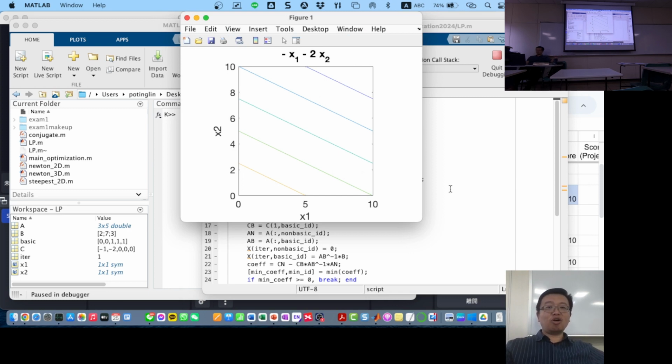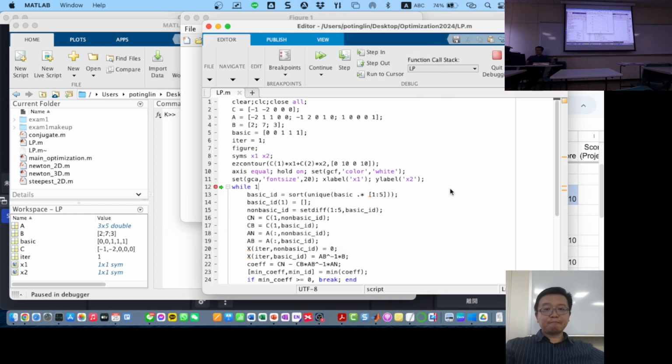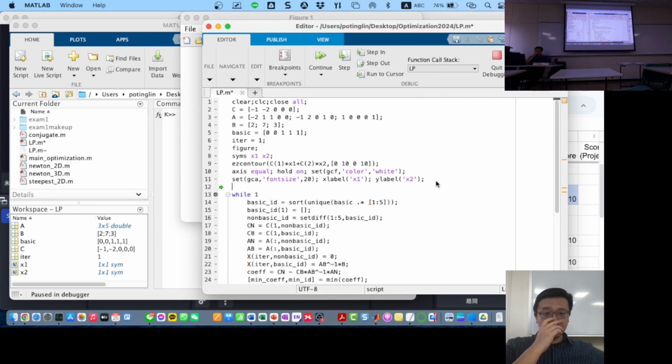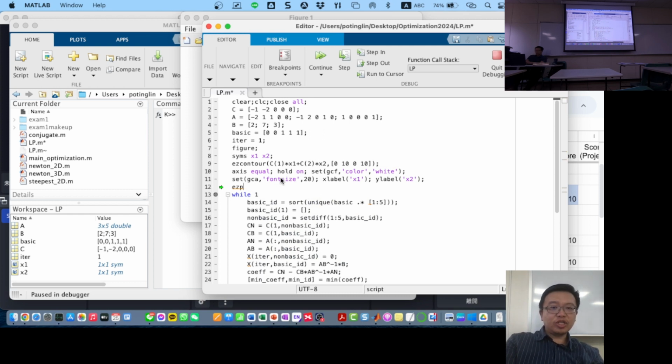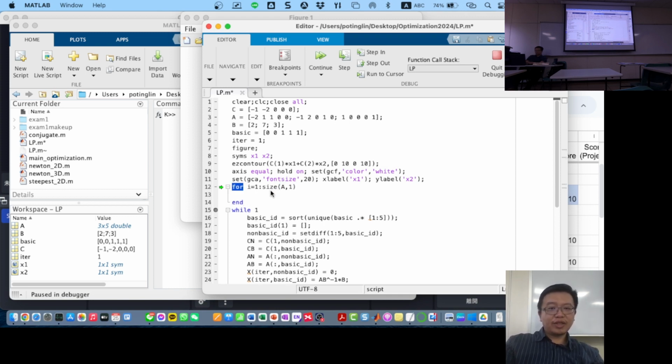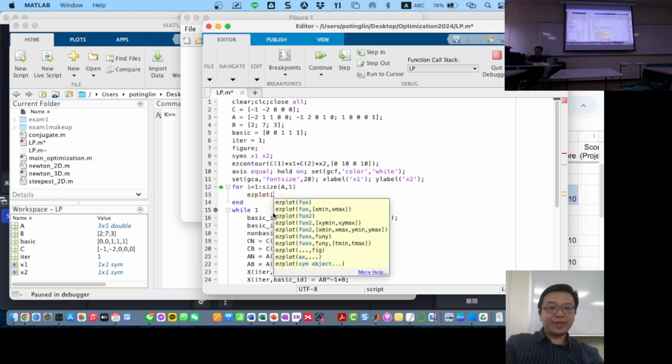And now we need to draw the constraints. So the constraints, they are linear functions, so easy plot. And y equals to, so it's gonna be, and you need a for loop to the size of A1, and then for each one, easy plot.